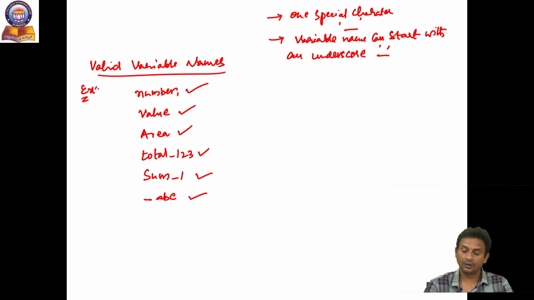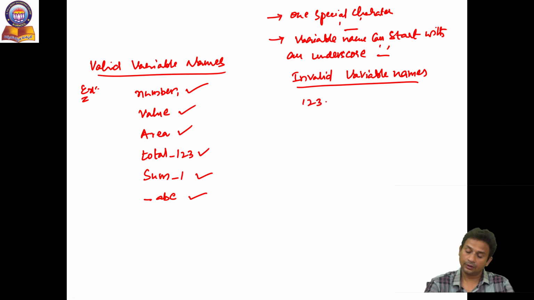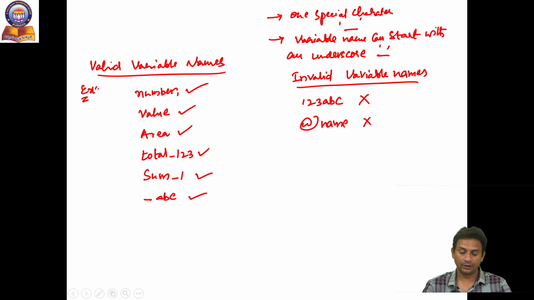Now we'll see some invalid variable names. Yeah. So 123ABC is an invalid variable name. @name is also an invalid variable name.